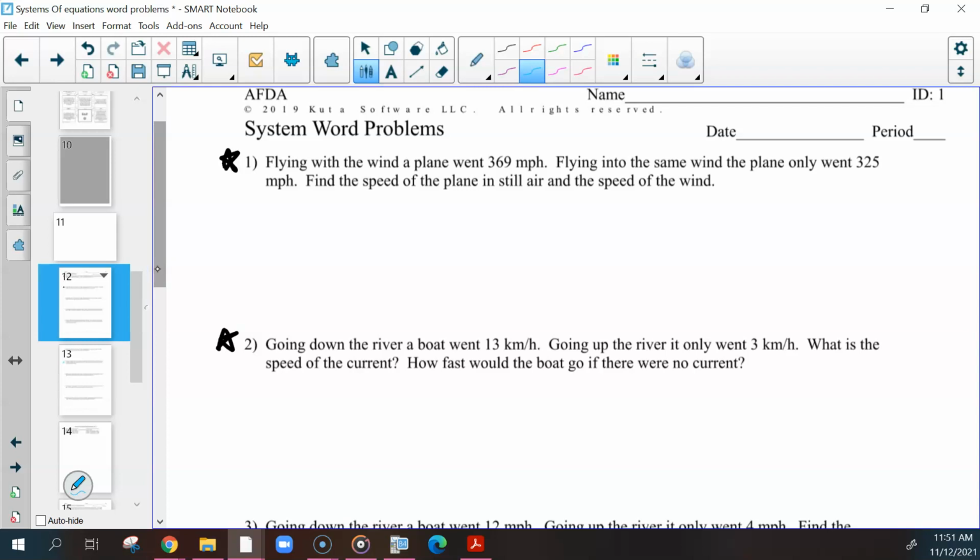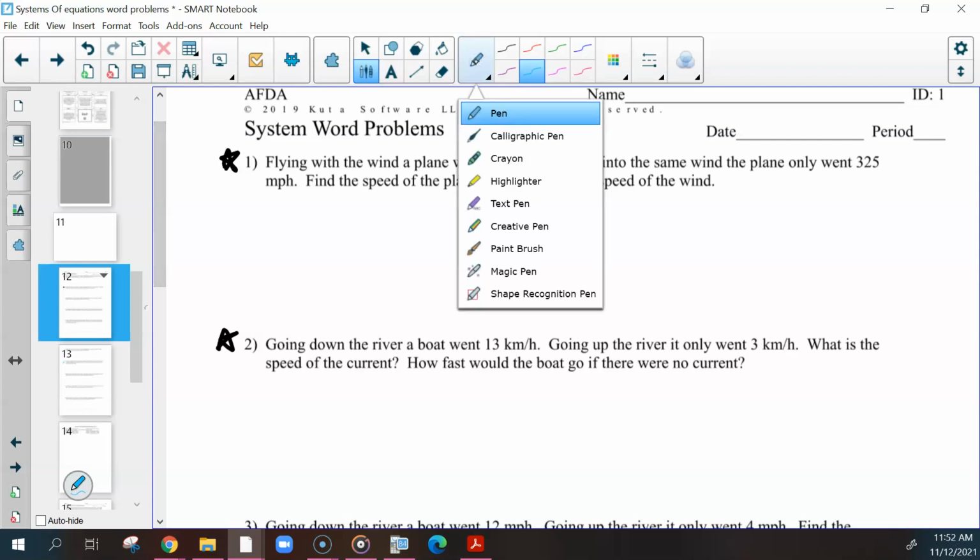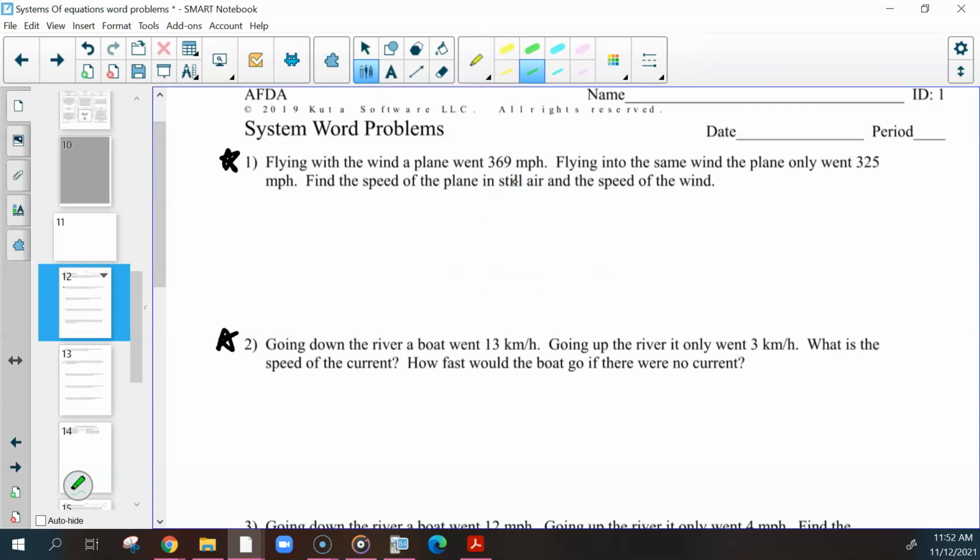Okay. And this first problem, this says flying with, I'm just going to read it. Flying with the wind, a plane went 369 miles per hour. Flying into the same wind, the plane only went 325 miles per hour. Find the speed of the plane in still air and the speed of the wind. Important things here. When the plane is flying with the wind, it was 369.